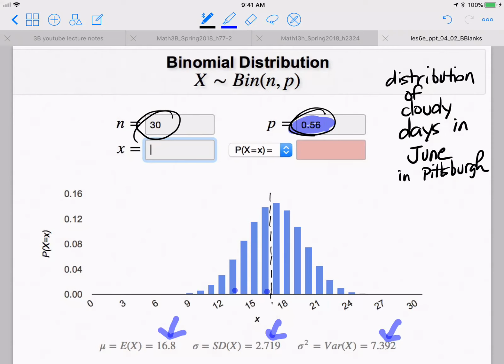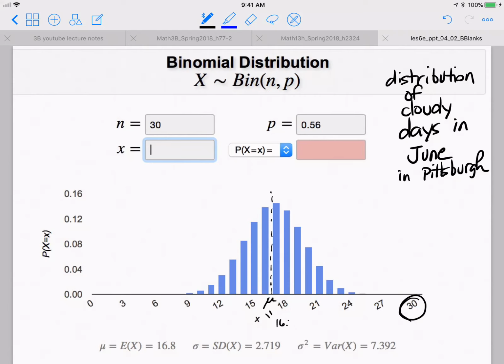Now let's talk about which values are considered unusual. Clearly, it'd be unusual to have 30 cloudy days, right? Why? Because that is so far from the mean. So let me put that mean back in there. The mean is here, so that's our mu. The mean is equal to 16.8. 30 is so far away from 16.8.